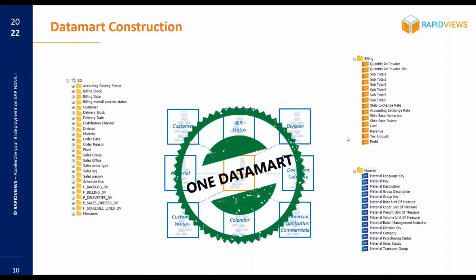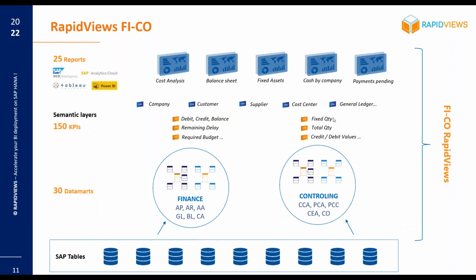On top of that, we put the semantic layer to be easily understandable by business people and for BI self-service. So this is what we built, and we provide this business content.